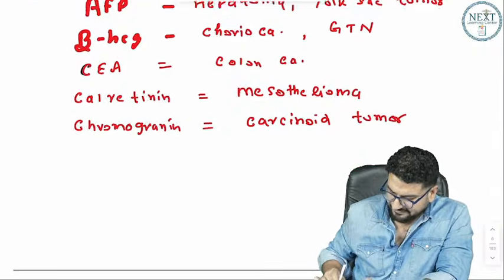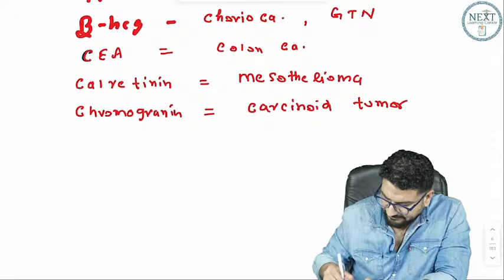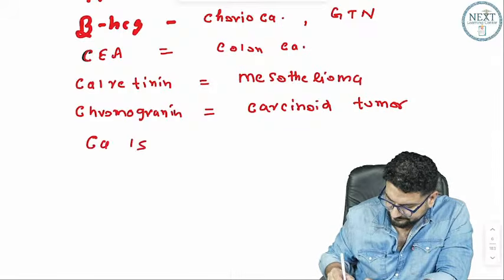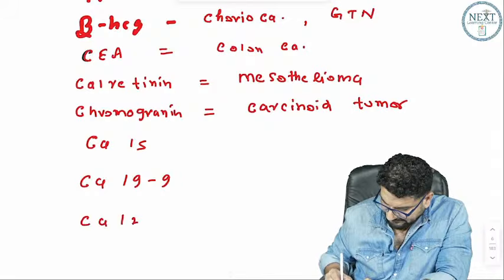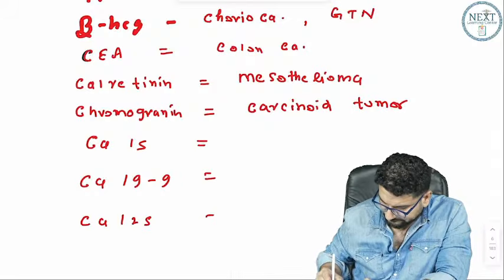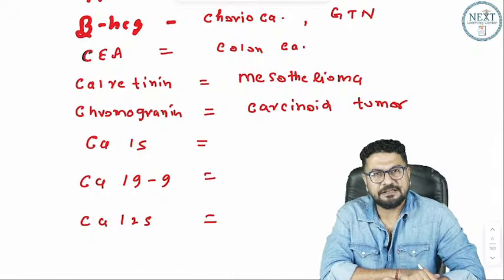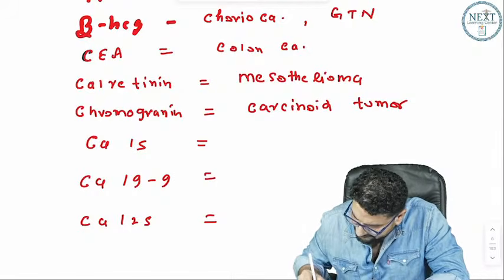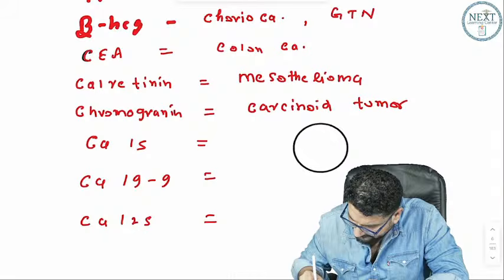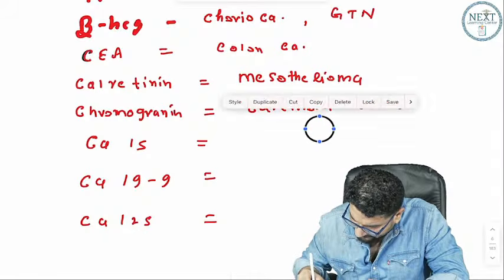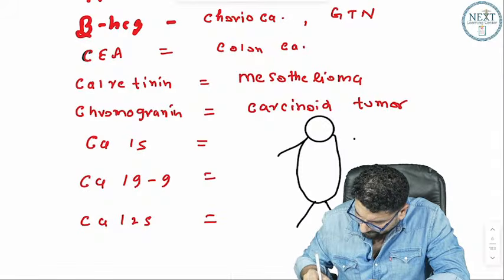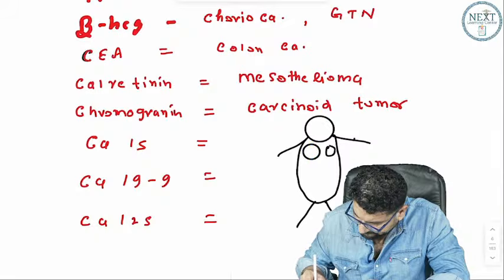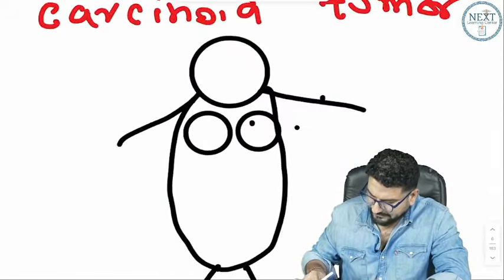And now the very, very important one: CA. CA means we have CA 15, CA 19.9 and CA 125. To make you understand this, just try to understand this thing. Suppose this is a female body.